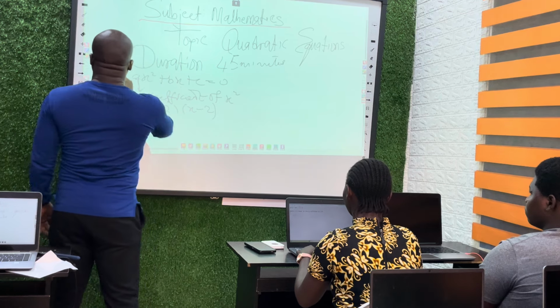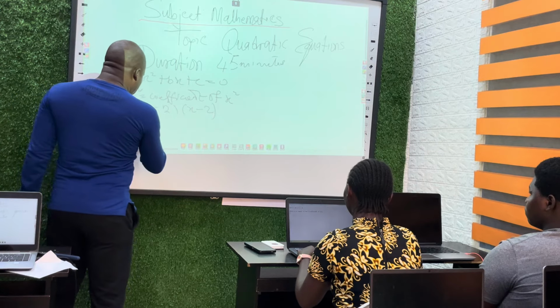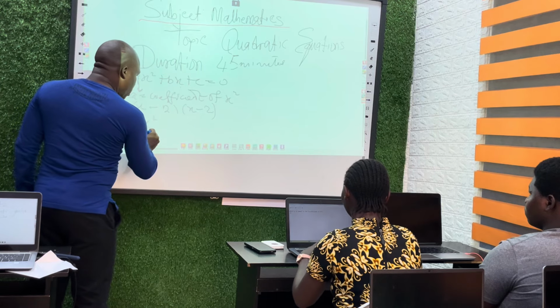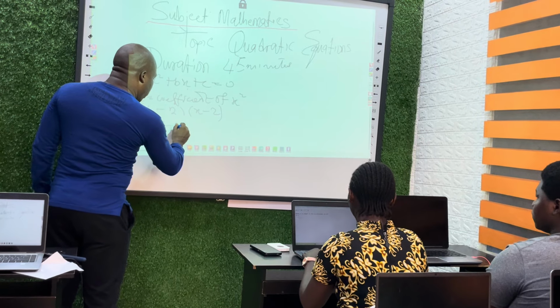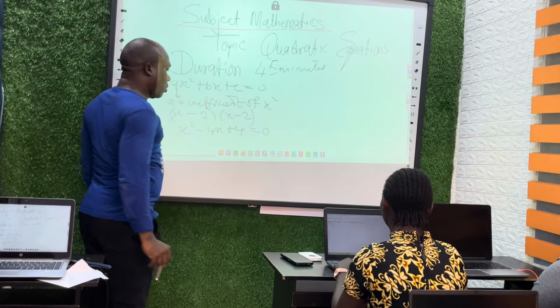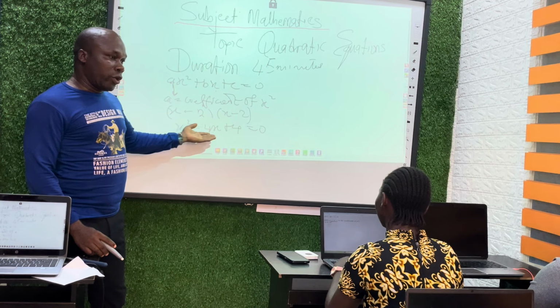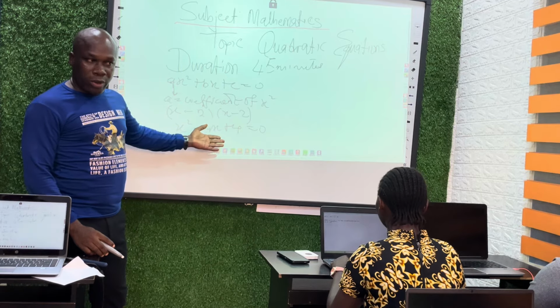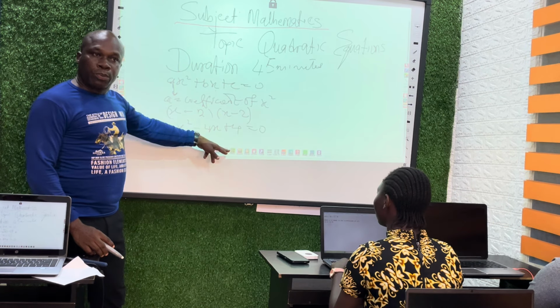So if you have this kind of equation, x squared minus 4x plus 4 equals 0, I've modeled a real life problem into a mathematical equation called quadratic.